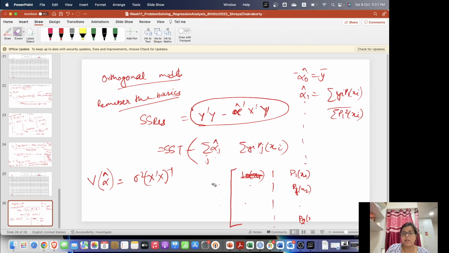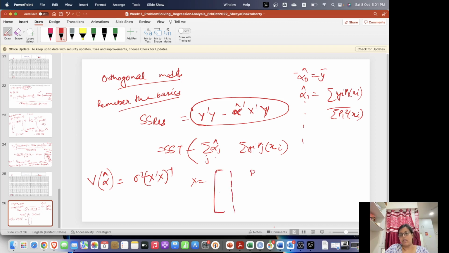Instead of the normal x matrix, in such scenarios where you are solving it via orthogonal polynomials, you would have the x's as 1 1 1 1, then p1 x1, p1 x2, up to p1 xn, and this would be pk x1 for a kth order polynomial, up to pk xn.